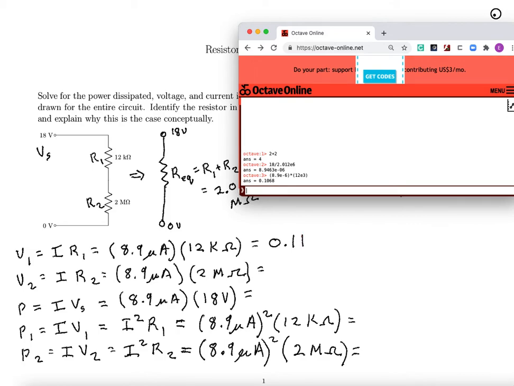Round that to 0.11, keeping two significant figures, and the unit is a volt because it's amp times an ohm.